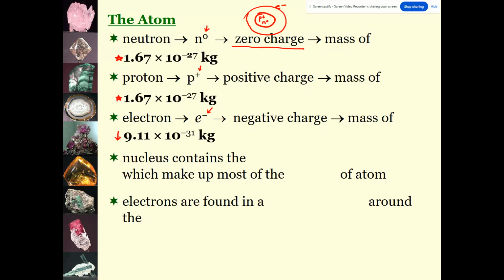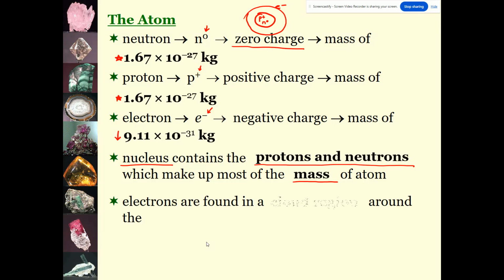So what this means is when I'm trying to determine the mass of an atom, I'm only taking into account the protons and neutrons. We're assuming that the electrons are essentially massless. They do not contribute to the mass of the atom. The mass comes from the nucleus, and the nucleus again contains only protons and neutrons. The electrons, however, are found in this cloud region.